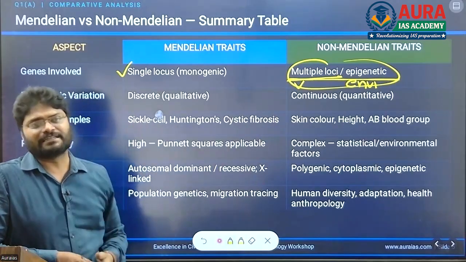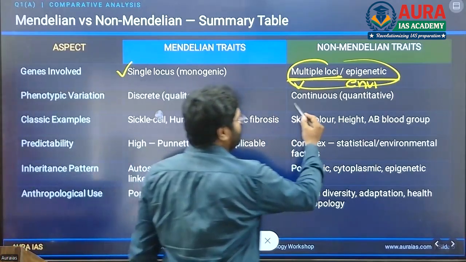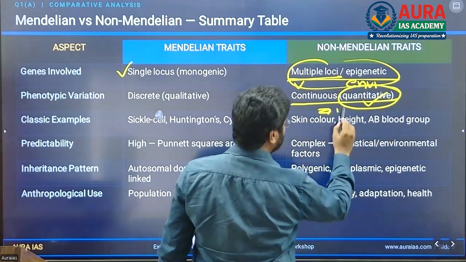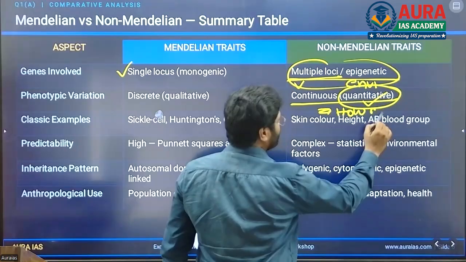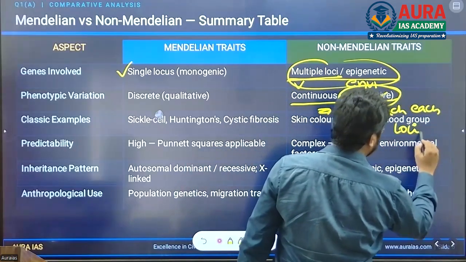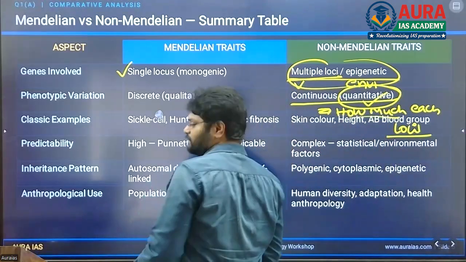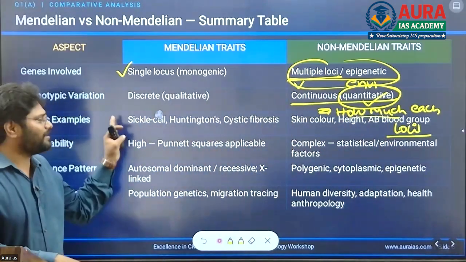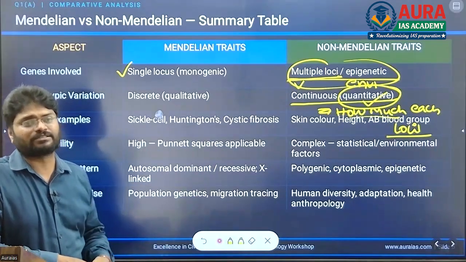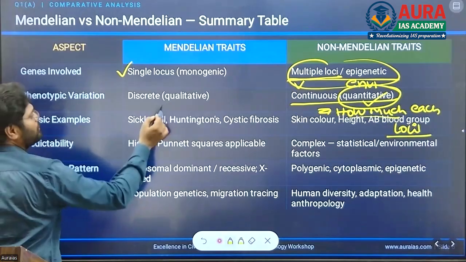He is intermediary. From one end to the other end, all the people exist. So this is quantitative: how much each locus contributes to the trait expression, that we will measure. Here, qualitative means either dominant or recessive is going to be expressed. The quality we are able to identify.